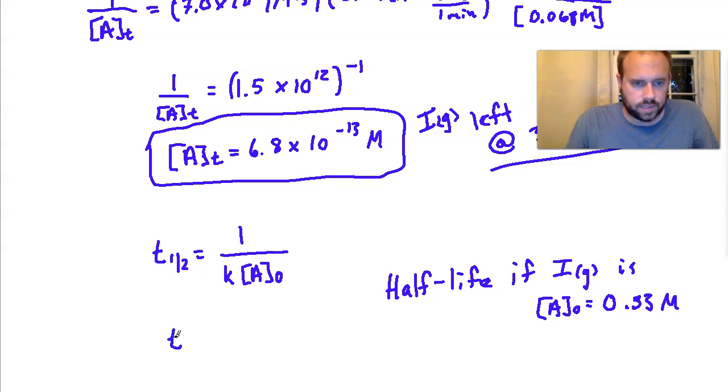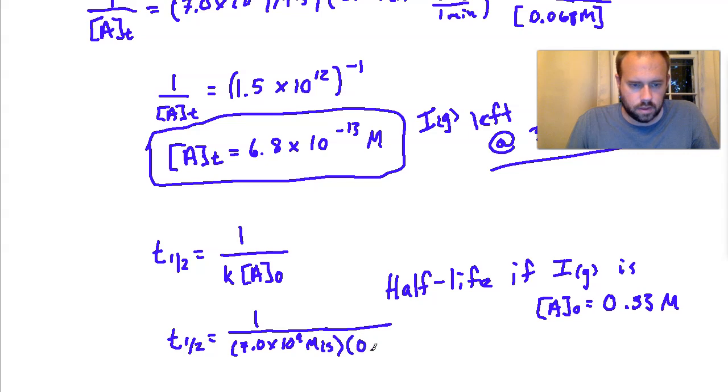All you would have to do is say, right, the t 1/2 in relation to this is going to be 1 over the rate constant. So the rate constant that was given was 7 times 10 to the 9th per molarity per second, times the 0.53 molarity.